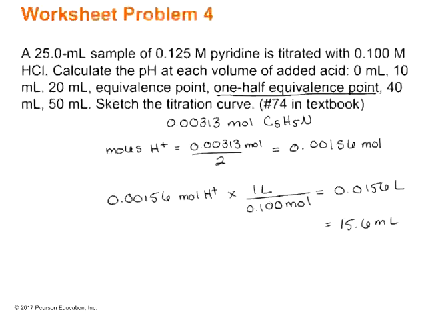All right, so what I would like you to do is calculate the pH after adding 40 milliliters of strong acid and 50 milliliters of strong acid.